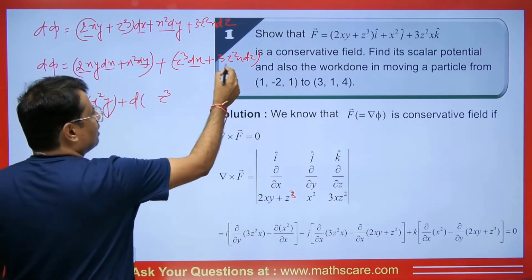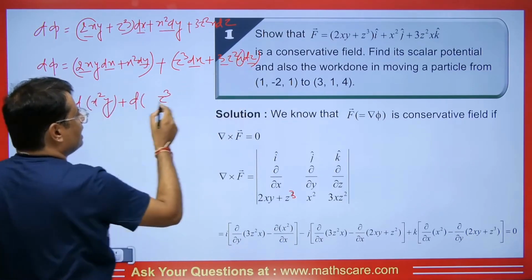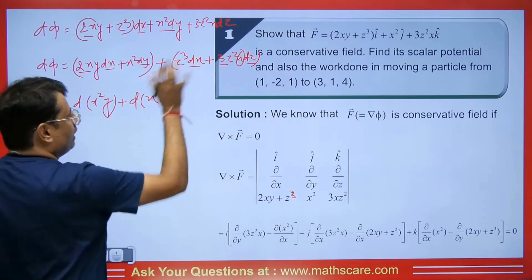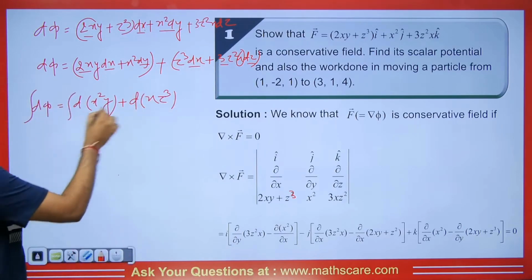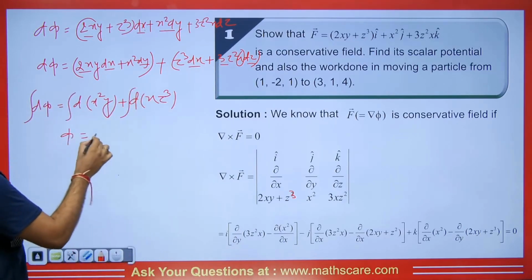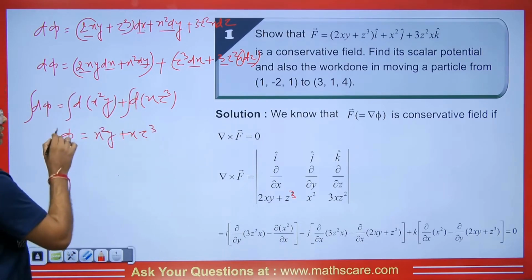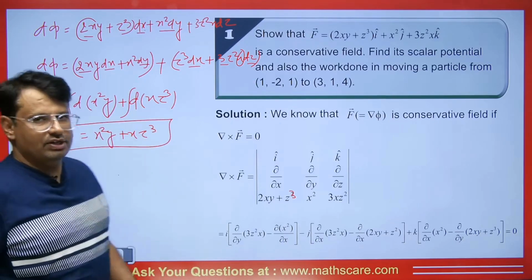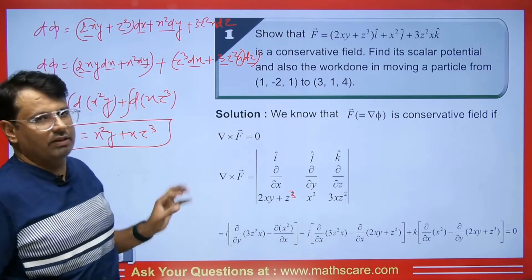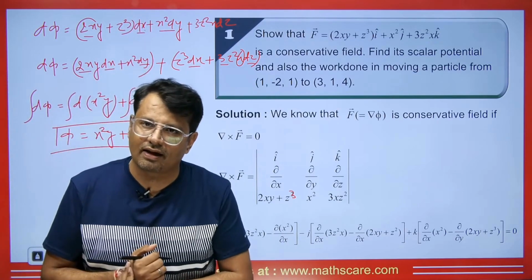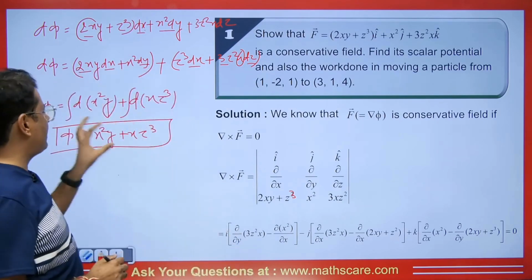Now after differentiating with respect to z, which one is constant? X. On expanding by u into v, we'll get this. Now what will you do? Do the integration. So phi is equal to x square y plus x z cube. Students, this will be the scalar potential. So we have calculated its integration, meaning we have found F dot dr, right? Now F dot dr is calculated.